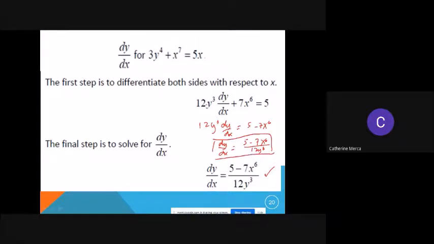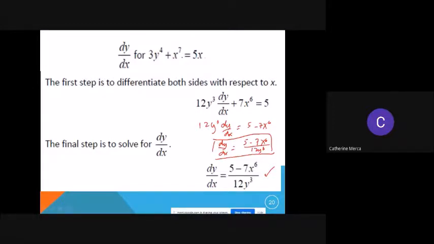Again, how did we get this? Pag dili pa nakuha, you have 4 times 3, that's 12y cubed. Diba? With this dy, with respect to x man, dy dx. Then 7x to the 6, dx over x.